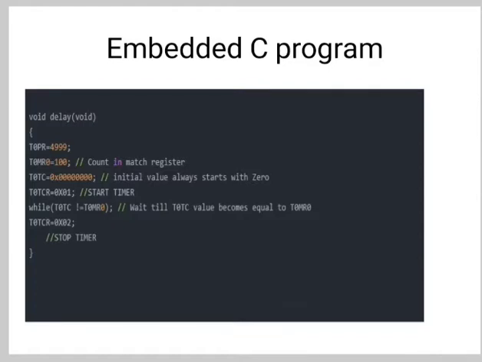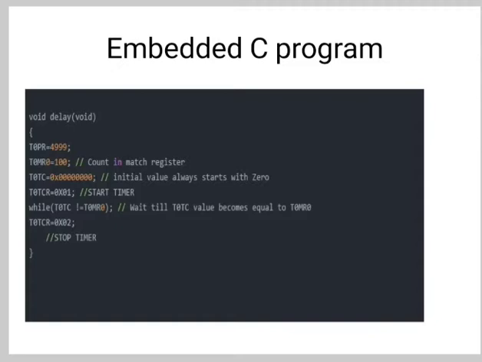Now this is the program. First, T0PR is 4999; we have assumed it. Next, T0MR0 is 100, the count in the match register.